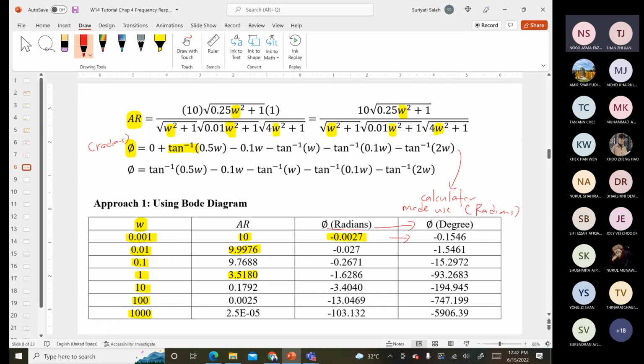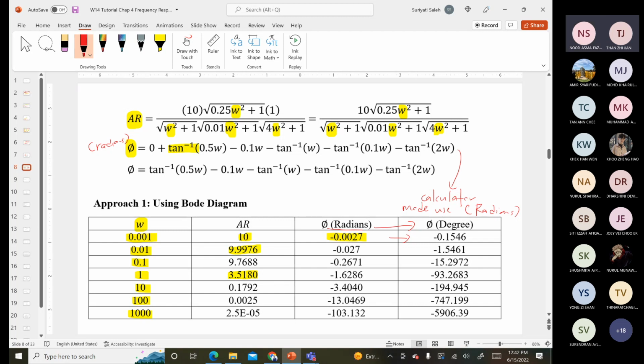And for this part, I would like to remind you, normally you just stick with 4 decimal points. Make sure it's standard. The common practice is to use up to 4 decimal points. Of course, the minimum is 2 decimal points, so 2 up to 4 decimal points. That is the standard practice.